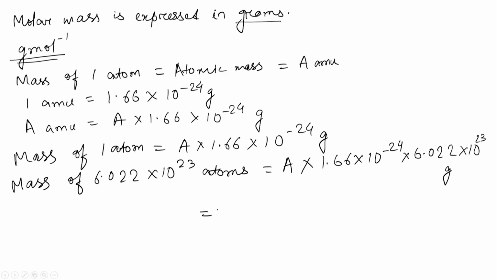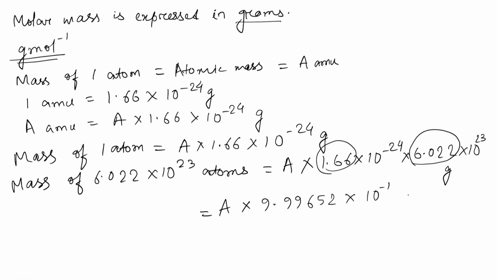Now, very interestingly, when we multiply this with this, it comes as A into 9.99652 into 10 to the power minus 24 into 10 to the power 23. So, this is 10 to the power minus 1 grams. Now, if we arrange this in a proper way, then it comes as A into 0.999652 grams.